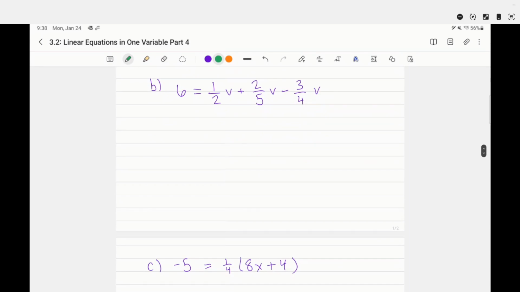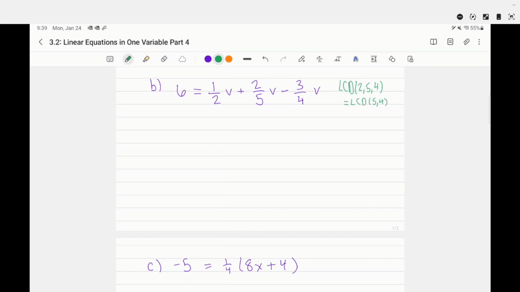B, 6 equals 1/2 v plus 2/5 v minus 3/4 v. So here I want the LCD of 2, 5, and 4. And a little trick here, since 2 goes into 4, this will be the same thing as just finding the LCD of 5 and 4.